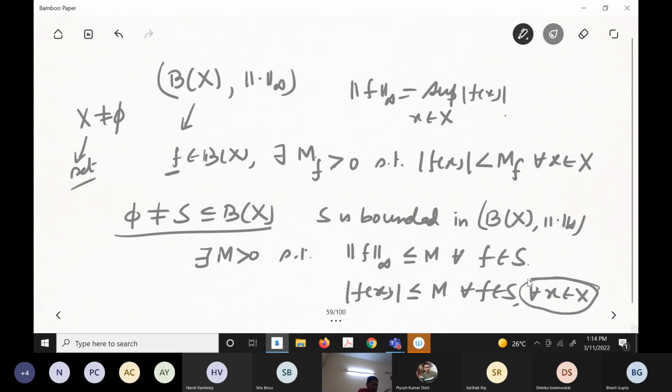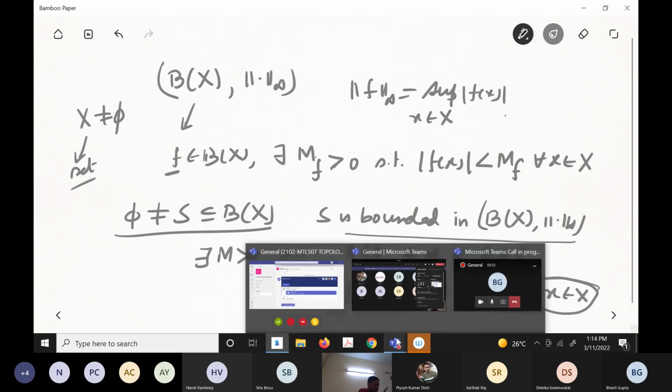So for all x, like uniform convergence, it came for all x. So if you have a bounded set in this nonlinear space, you are getting this. That means look what is happening.